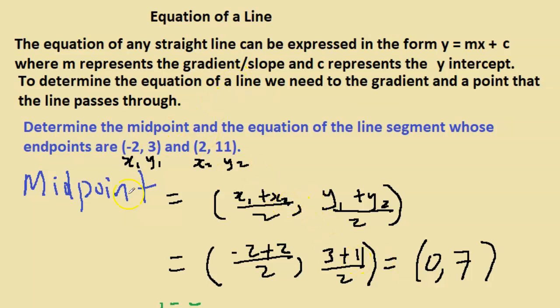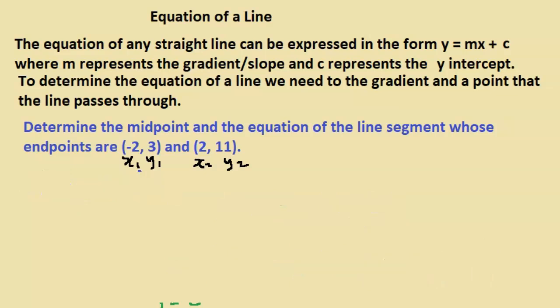Let's look at how we find the equation now. So now we want to find the equation of a line. But remember, to find the equation of a straight line, you need two things, right? You need the gradient and you need a point. Now we have 2 points that it passes through, so that's not a problem.